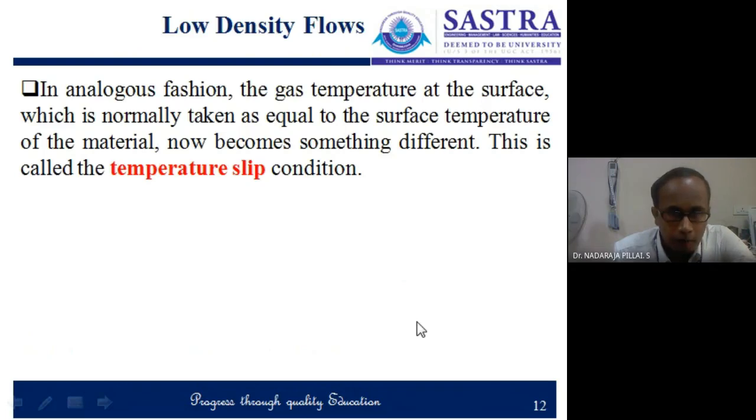So, we remember we have discussed low density flow and free molecular flow, based on the decrease in density. Free molecular flow is basically considered because of the Knudsen number ranging from one or more than one, and velocity slip, and now temperature slip.